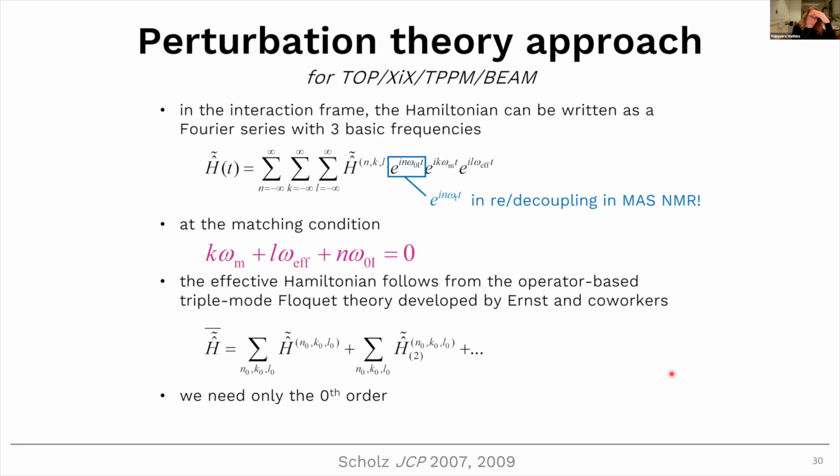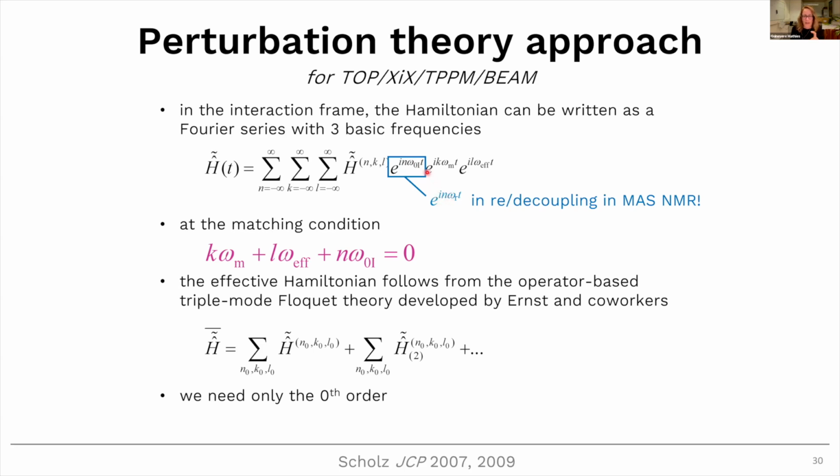Okay, so in general, in this interaction frame, the Hamiltonian can be written as a Fourier series with three basic frequencies. The effective frequency, the modulation frequency, and of course, the proton Larmor frequency. Now, this general description is actually similar to what was encountered in the description of recoupling and decoupling sequences in magic angle spinning NMR, and particularly in the description of the TPPM heteronuclear decoupling sequences, where the rotor frequency plays the same role as the proton Larmor frequency in our case.